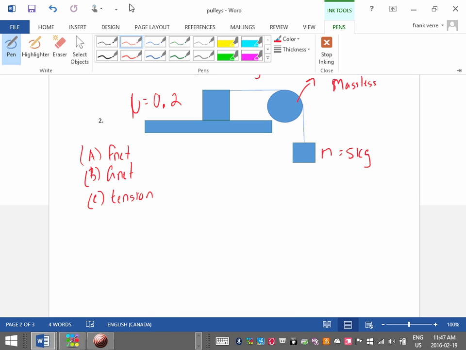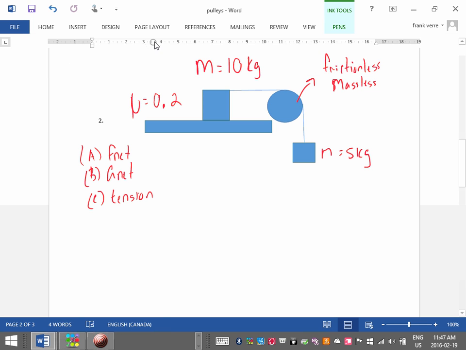Alright, so let's first start with: what do you think the two forces acting on this system are? Well, there has to be what here? What would this force be? It would act on this object. So the pulley is separate, right?